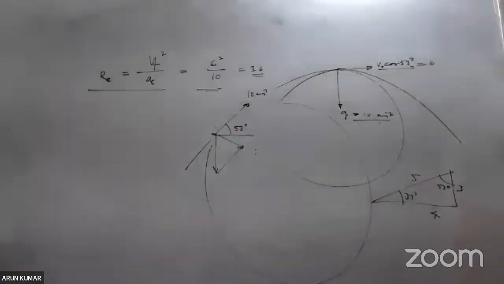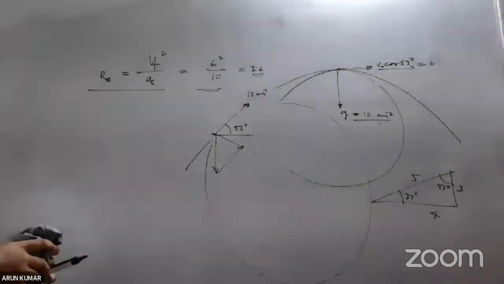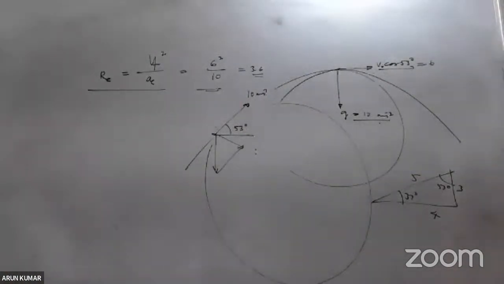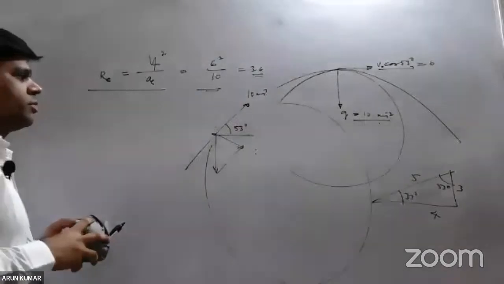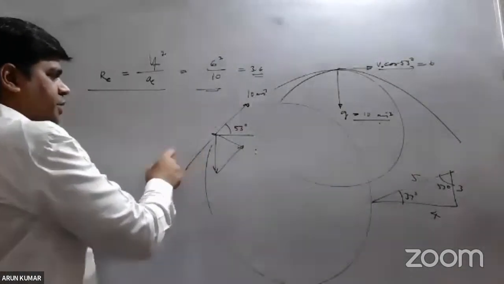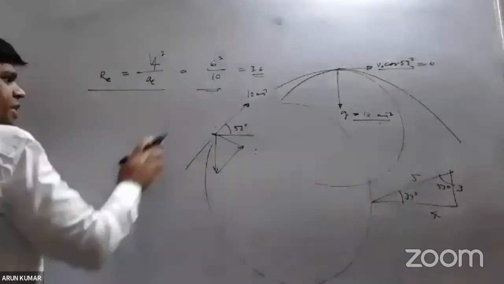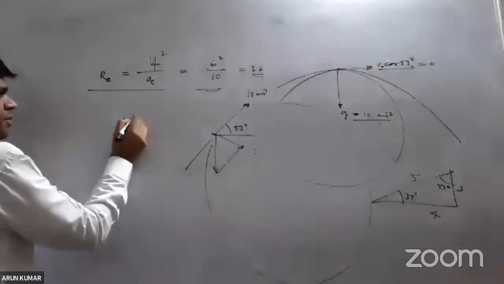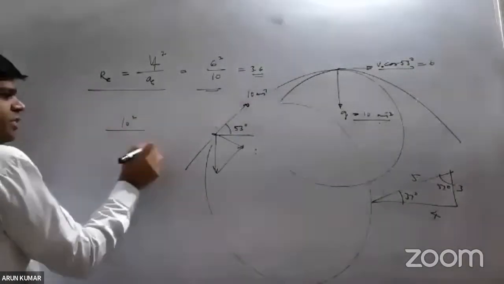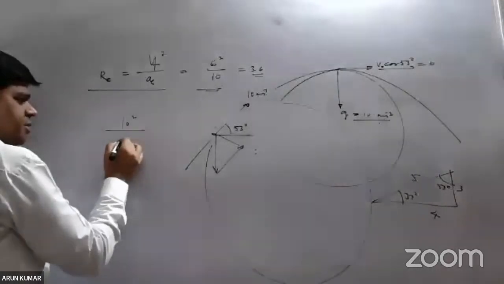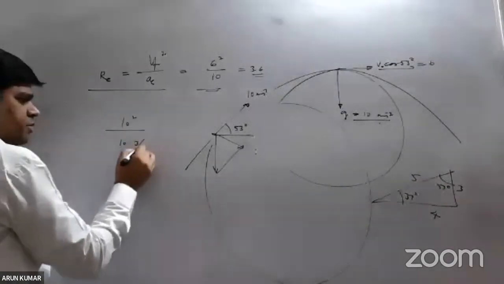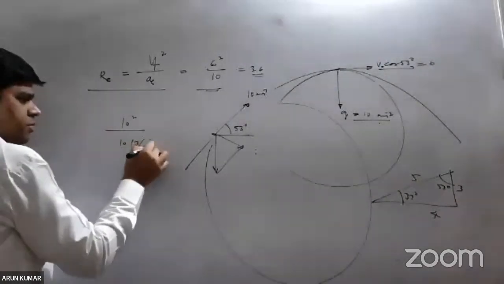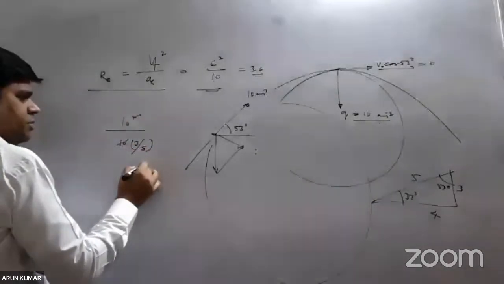All right. What is the radius of curvature over here? It should be tangential velocity square, 10 square by AC. What is AC? G cos 53. 10 cos 53. 16.6 bars, sir.